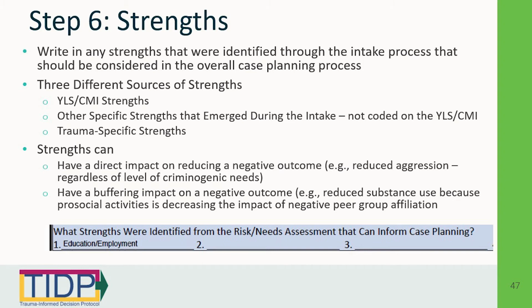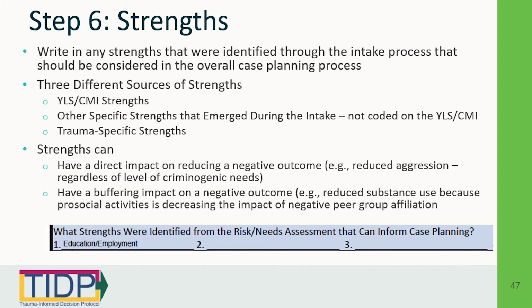An example of this buffering effect might be this youth where we have reduced concern about the impact of substance use because this youth is engaging in a high level of pro-social activities that is structuring his time and is reducing the amount of contact that he's having with the delinquent peer group that has reinforced his past substance use.